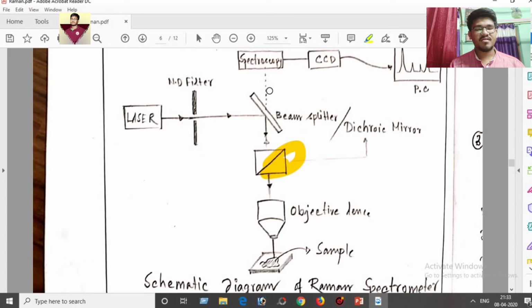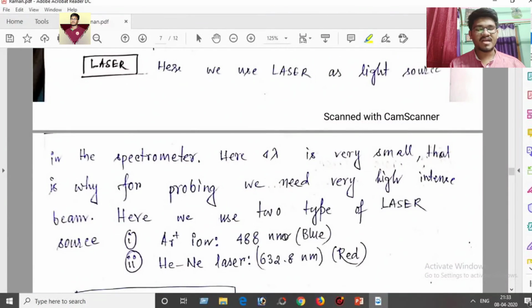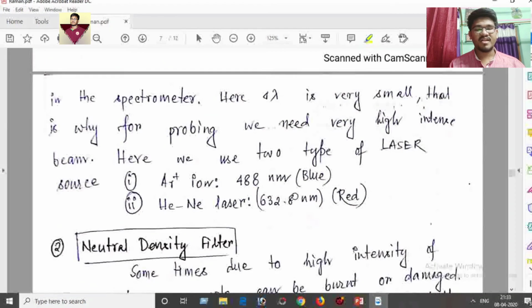The laser will emit light that will fall on the sample, and part of the light will be beam split and go to the spectroscopic unit, and then to the CCD detector, and the final graph will be produced in digital form on your PC. You can go through all this part. I have made the handout notes here. You can know what type of laser we use: argon ion and HeNe laser.